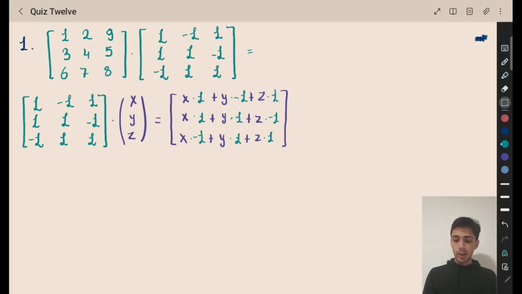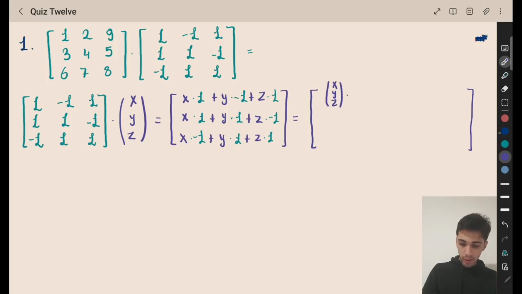Now it turns out that I can actually take this and write it in a more compact form. Specifically, I see that here I'm multiplying xyz by 1, 1, minus 1, and 1, because just by comparing the coefficients, I can tell that this is what's happening.